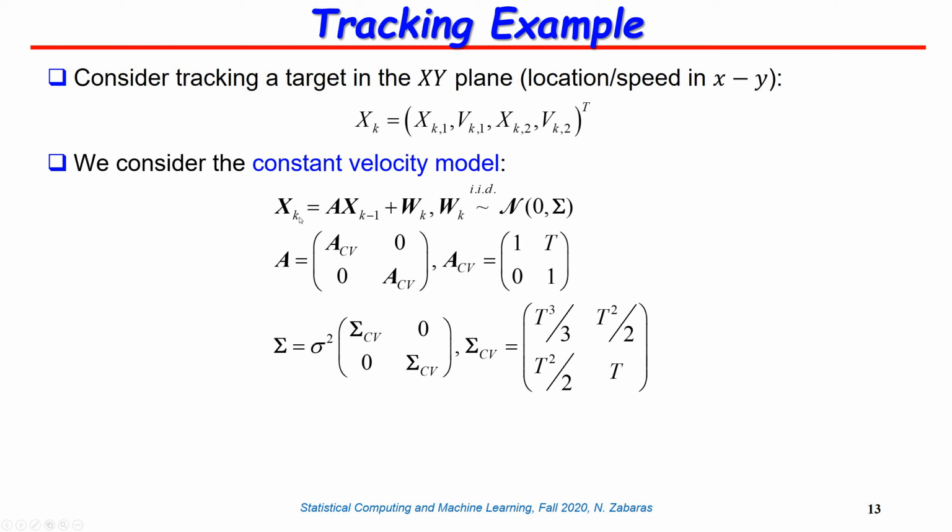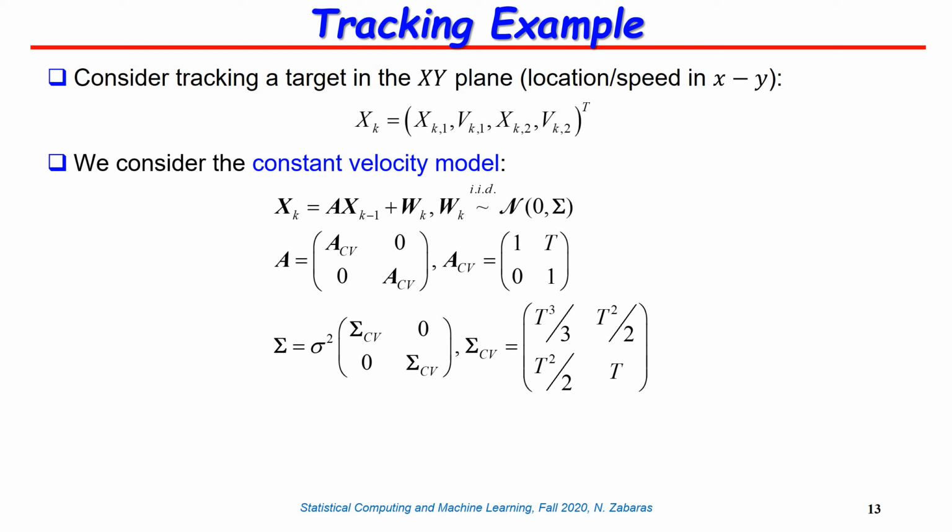In some sense, if you look at this equation, the model that you write for the location looks like an integration scheme using the velocities to predict the location at the next time instance. But right now, really, we don't want to go into those details. Effectively, we are just describing the evolution of x_k, the transition model from x_(k minus 1) to x_k, with this nice linear equation where this matrix A is constant, is given, and I have a Gaussian noise here defined by this covariance matrix sigma that you see on the bottom.